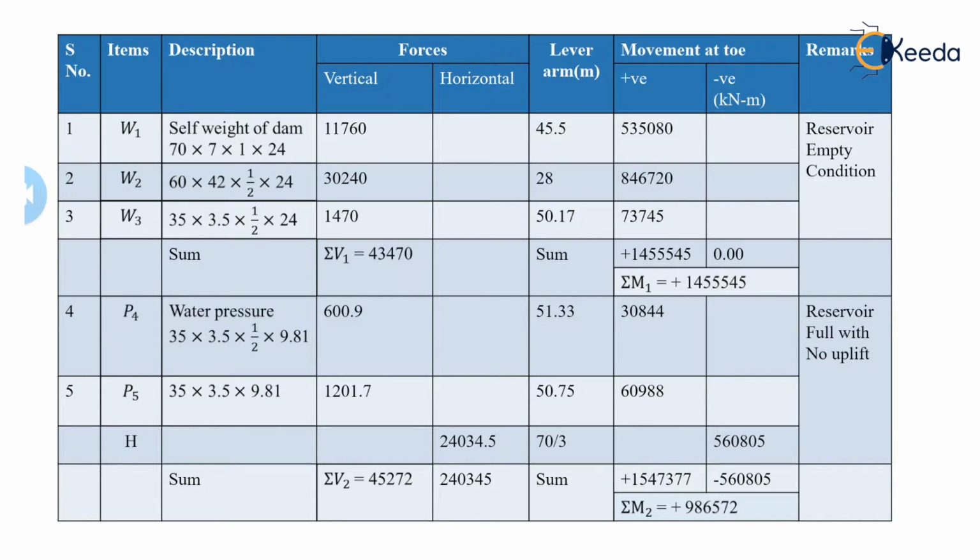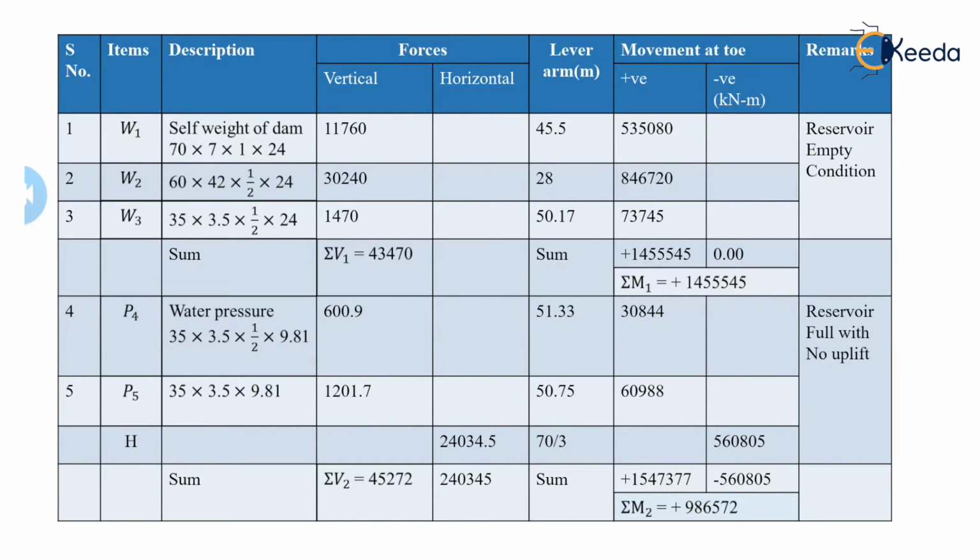Okay, so in this manner we will find out the self weight of a dam. Then the second condition is the reservoir full condition. So when we are considering the reservoir full condition, there is water pressure, and other forces which are acting on the body. Here only the water pressure is to be considered. In the first section they had clearly mentioned to neglect the seismic forces.